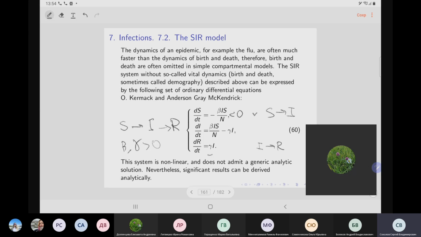So if there are no susceptible, we see the differential equation I dot is negative gamma I. So if there are no susceptible, the number of infected is decreasing exponentially, like this.